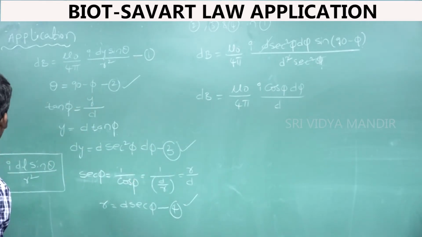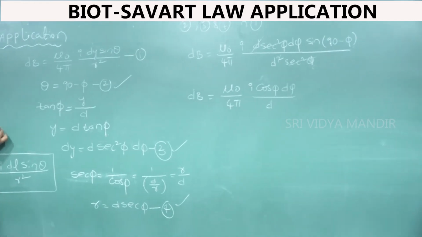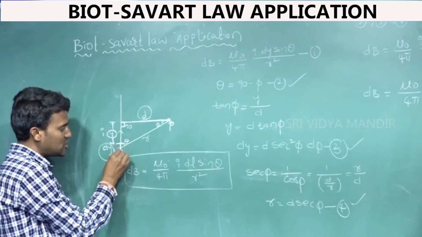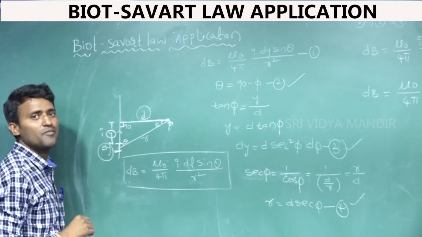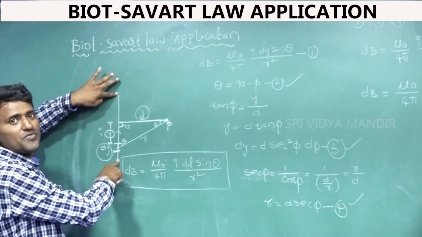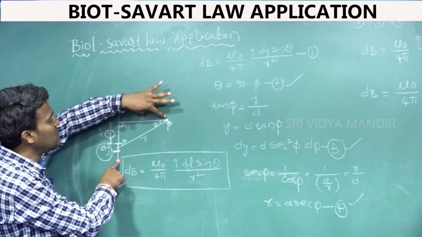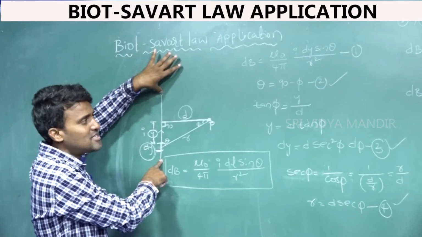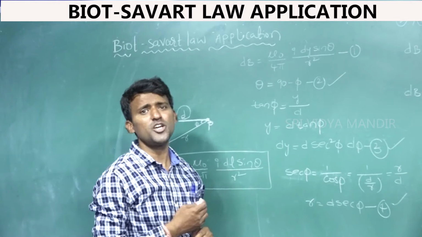This dB is nothing but the magnetic field at a point P due to the small element. If you want to find the magnetic field at a point P due to the whole conductor, we have to integrate that equation.